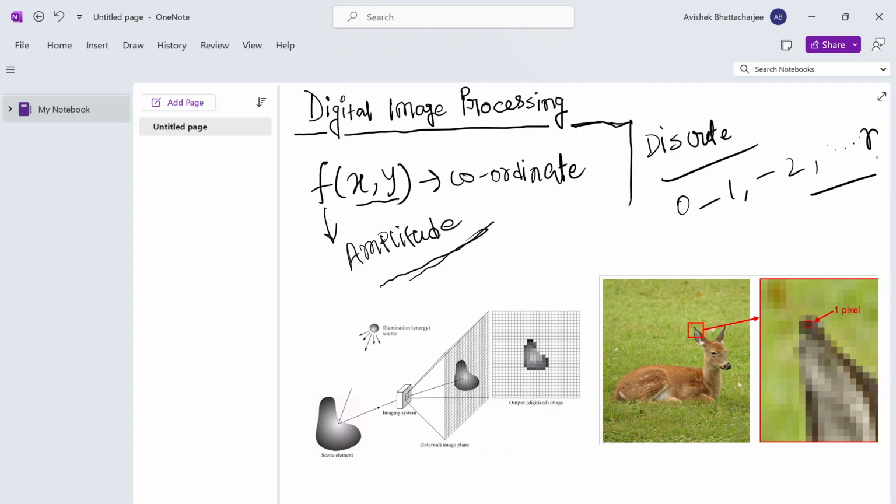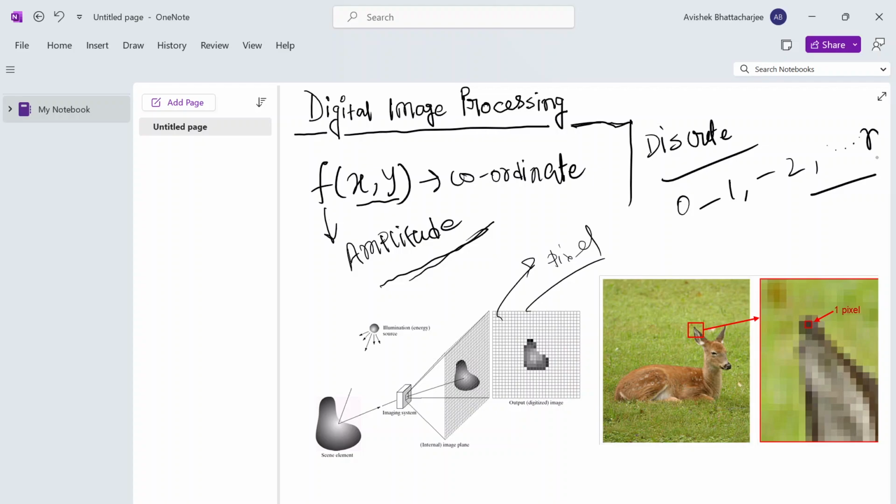In the image you can see this representation of a digital image, where we represent each image as pixels. What is a pixel? A pixel is a picture element. What is the meaning of picture element?